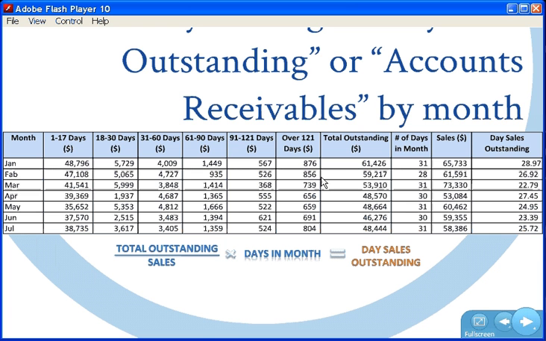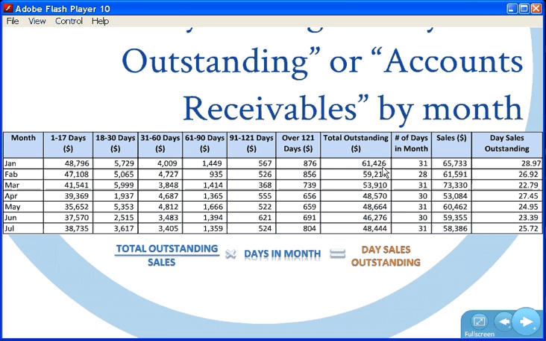So in this table, what we can see is the first few columns are the actual amounts of sales outstanding for each of the month identified, and also the number of days and then the total sales for that month. Basically, what we're looking for in this collection lag is the number of days or the amount that you need to sustain for your operation.